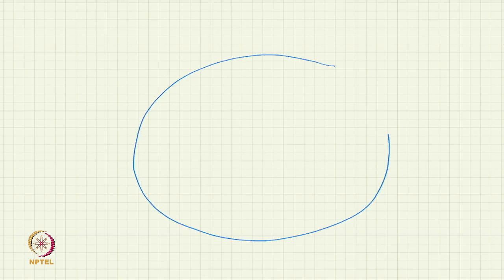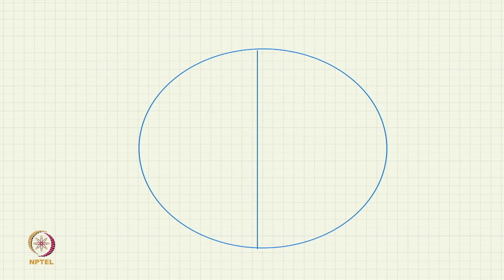Now you should have got a hang of it. So a fourfold roto inversion you should not have any problem. 4 bar is now easy. Start from a general point. These blue lines are not symmetry lines, these are just reference lines to help me rotate. So since this was left of this line, a 90-degree rotation brings it here, inversion will bring it there, but take it down and change the handedness.